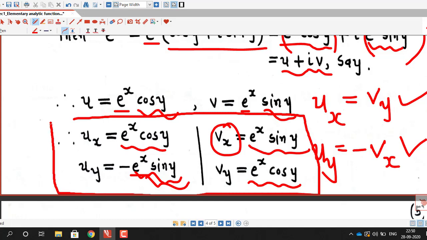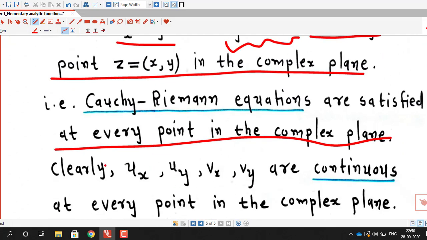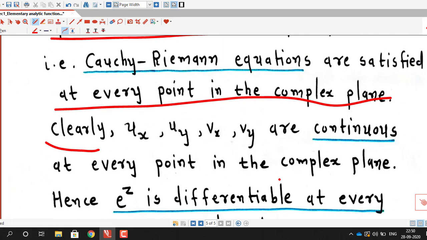As we can see, these functions are nothing but exponential and trigonometric functions, sine and cosine, which are real functions. And we know that the exponential and these two trigonometric functions are continuous everywhere. So we can directly write clearly that u_x, u_y, v_x, v_y are continuous at every point in the complex plane.